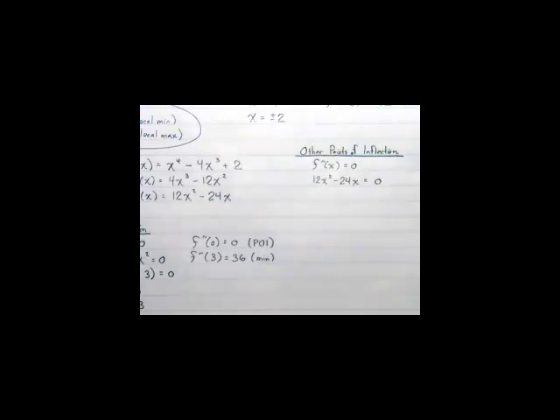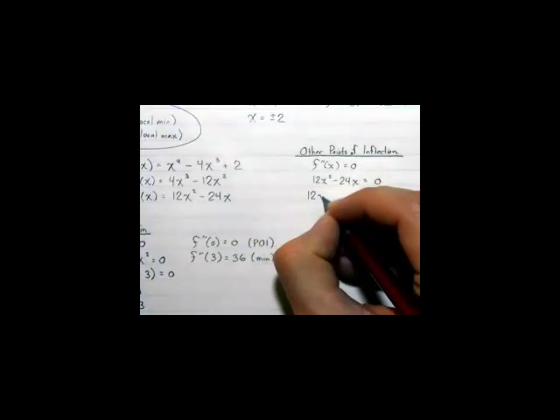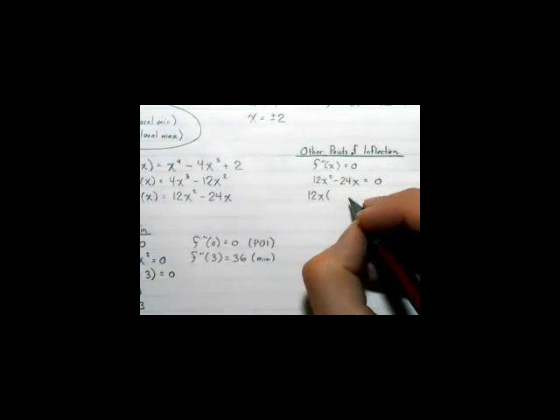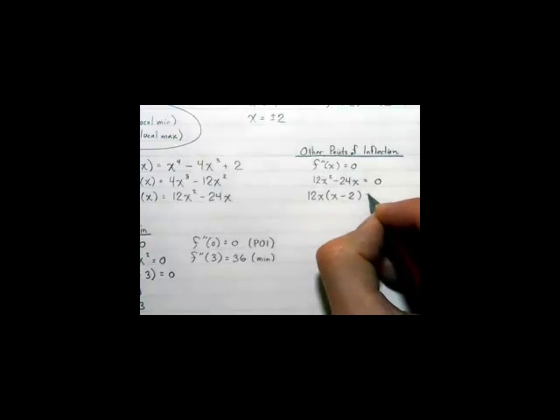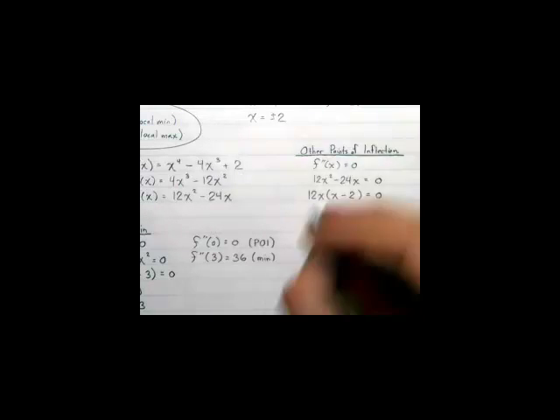How would I solve that? Yep. Take 12x out. So x minus 2 would be left. So any other points of inflection other than 0? X equals 2. Mm-hmm.